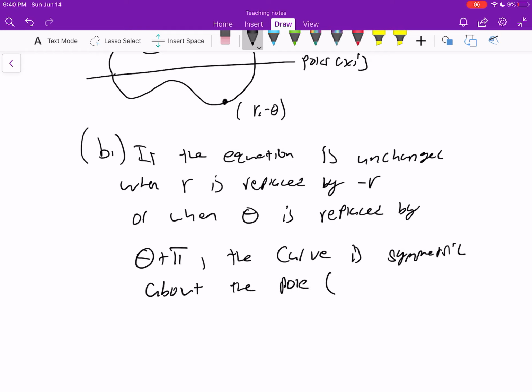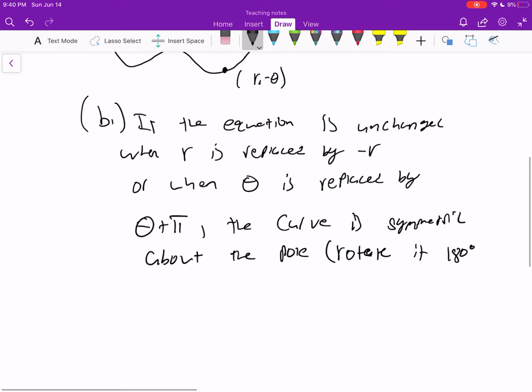And what this means is, rotate it 180 degrees and you have the same shape.